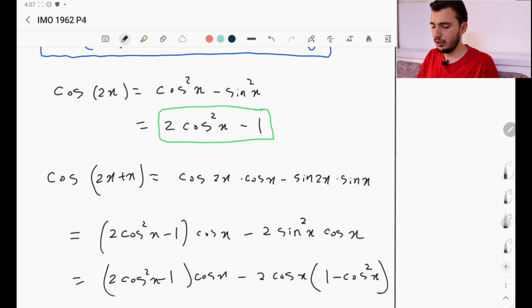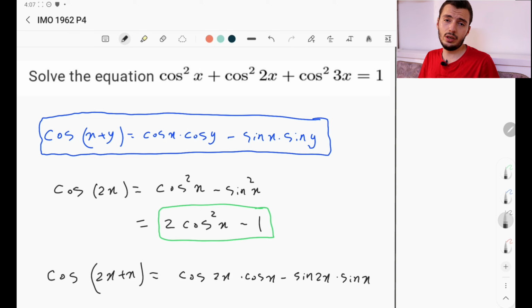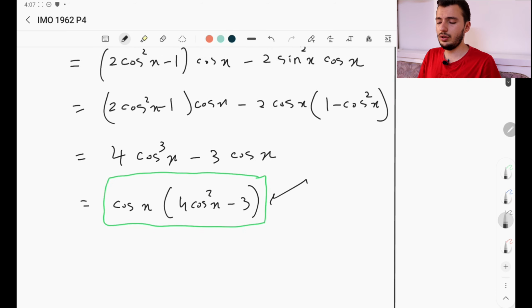So now let's simply substitute everything in the original equation. Cosine x squared we're going to keep as it is, and cosine 2x we need to substitute from here, and cosine 3x we need to substitute from here. Alright, let's just do this.